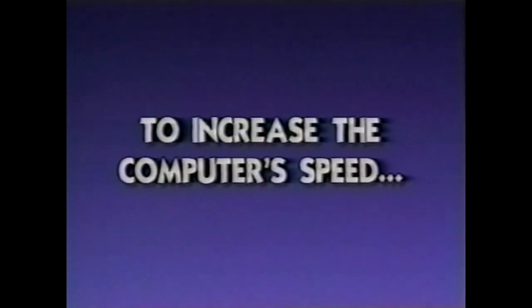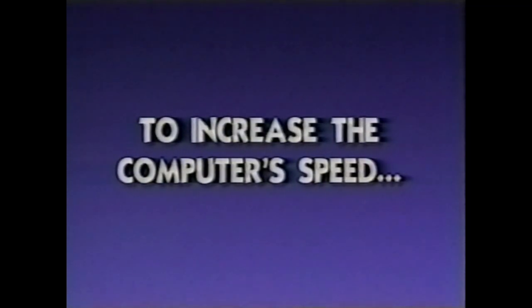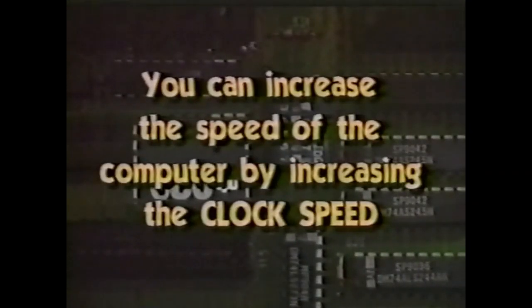IBM-compatible computers generally run an Intel CPU chip. Most computers sold today run 286, 386, or 486 chips. The higher the number, the more powerful and faster the processing ability. One way to increase the speed at which a computer can process information is to increase the clock speed of the computer.